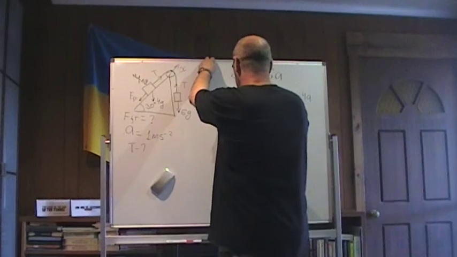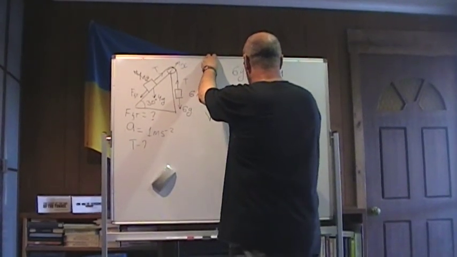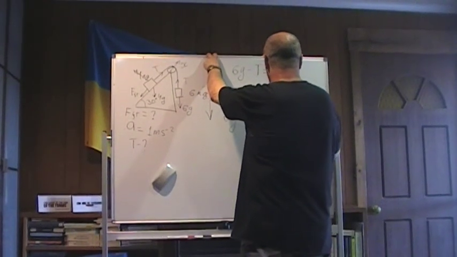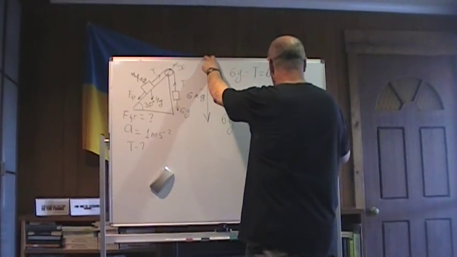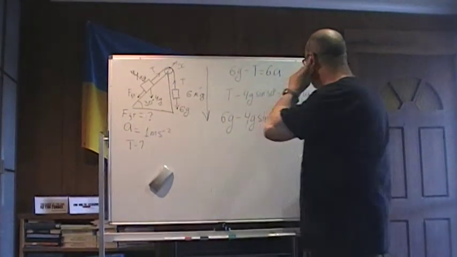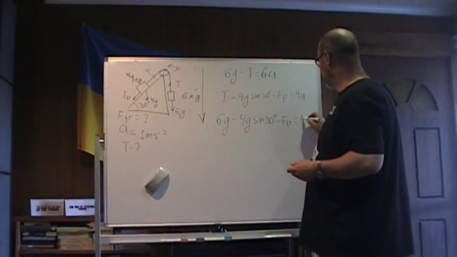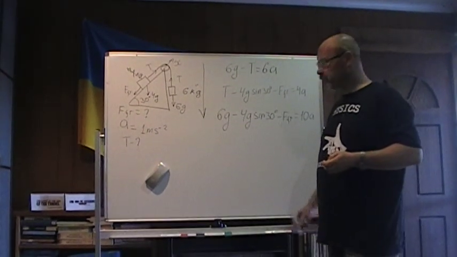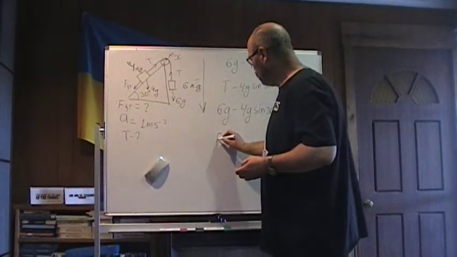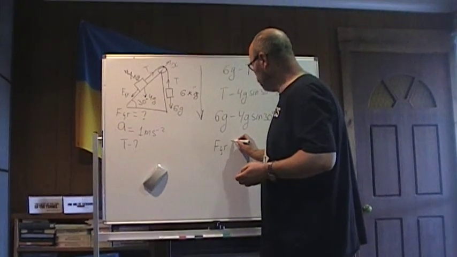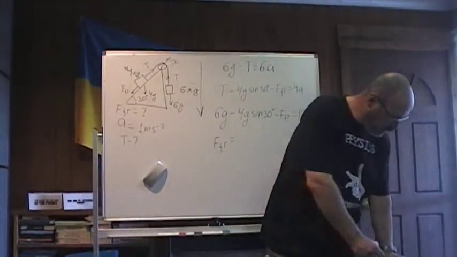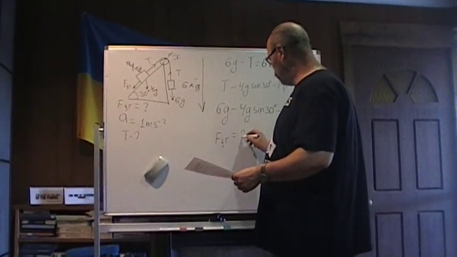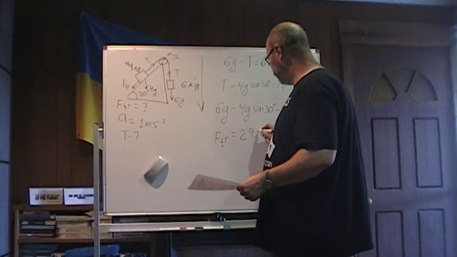So we'll have 6g minus 4g sine 30 degrees minus friction force equals 10a. The only unknown here is the friction force. Substituting numbers, we can find that the friction force will be equal to 29.2 newtons.